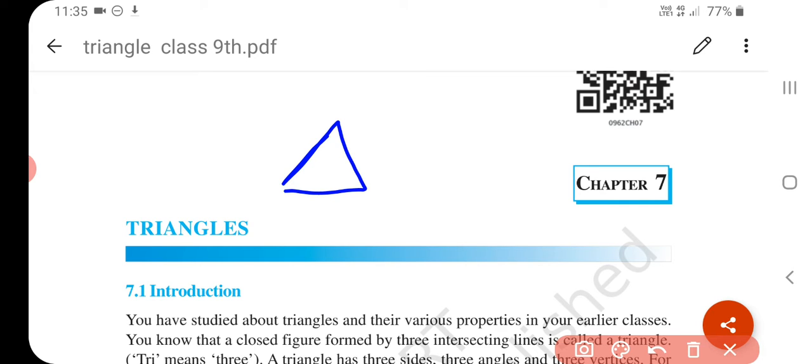We give the name ABC or PQR and so on. If we name it triangle ABC, then AB, BC, CA are the sides of the triangle, angle A, angle B and angle C are the angles of this triangle, and A, B, C are the vertices of this triangle.